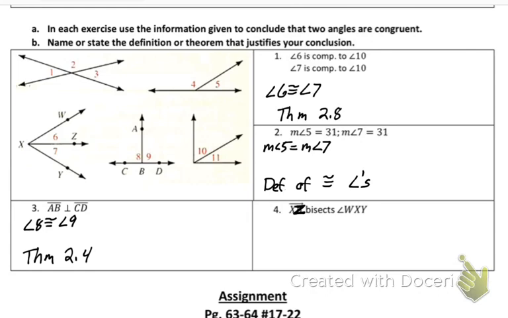All right, the last one says line XZ. Lydia? Measure of angle WXZ is congruent to measure of angle ZXY. I'm going to call it angle 6 and angle 7. I'm lazy. And that's just going to be definition of an angle bisector.